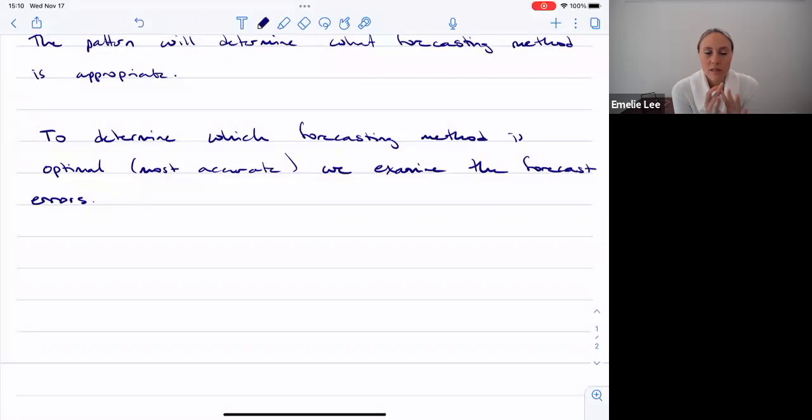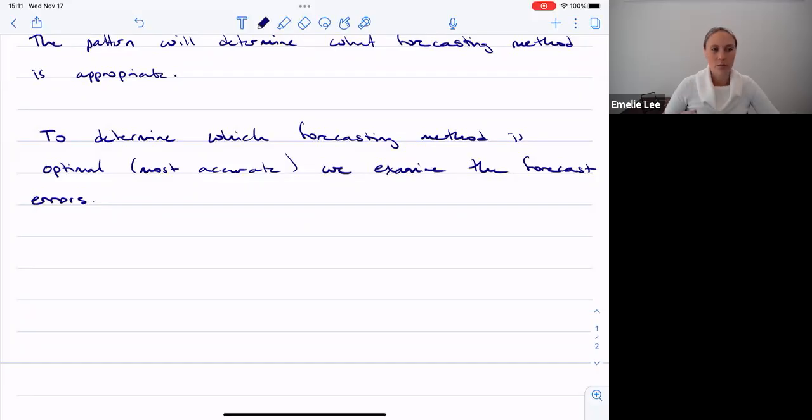So that seems fair enough, right? It does assume that we have the actual values, right? So if we're forecasting into the future, then that's a different thing, right? So here we have historical data that we're building a model, and then we're checking our forecasting abilities.